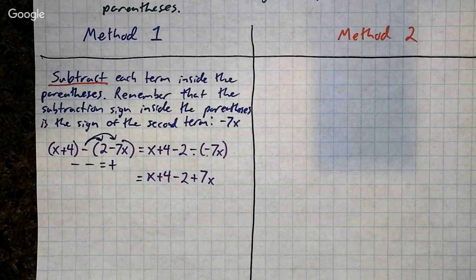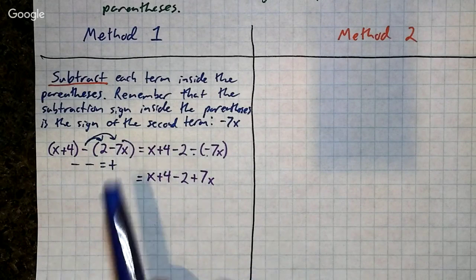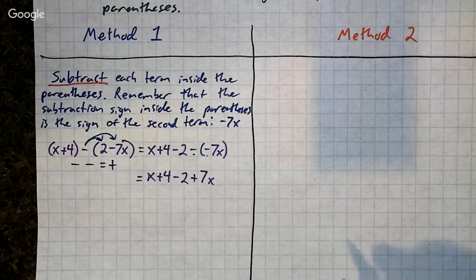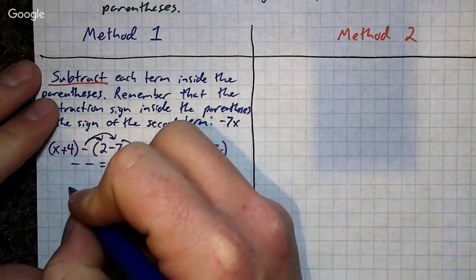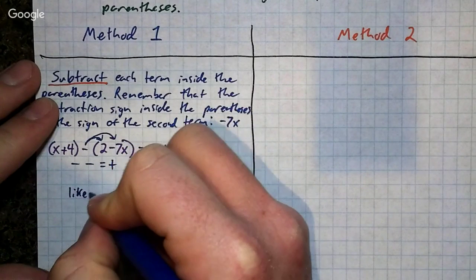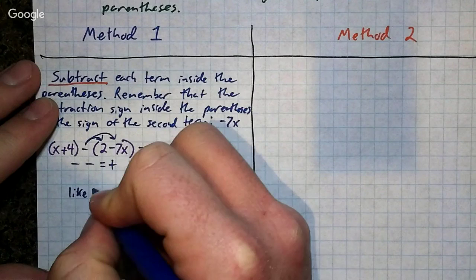At this point, we've done really what we need to do. We now just need to simplify. The first thing we need to do with that is find the like terms.